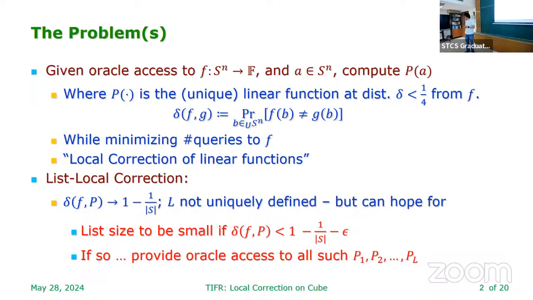Another attempt: why can't I take two points at XOR to a? Because I also have the affine part, so the function is the summation of ai xi plus a0. It will fail to give me a0, and basically that's already turning out to be a killer. That's not the only problem.